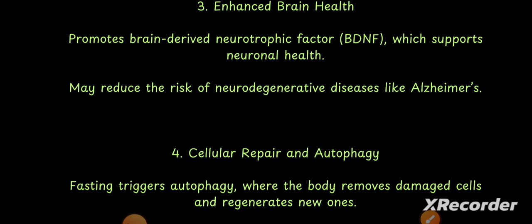Autophagy means the body trying to remove the damaged cells or the old cells or the cells which are not of any use for your body, and regenerating new ones. This is what autophagy means. So by doing intermittent fasting, you could enhance your autophagy and the generation of new cells in your body. This is one of the benefits of intermittent fasting.